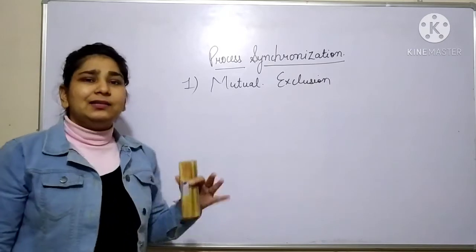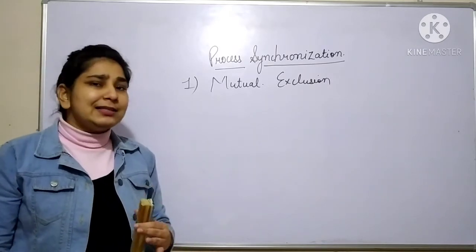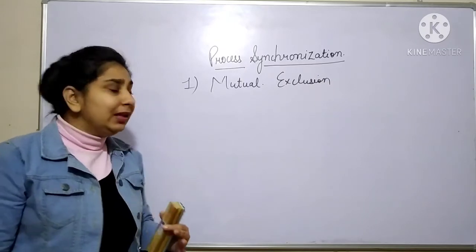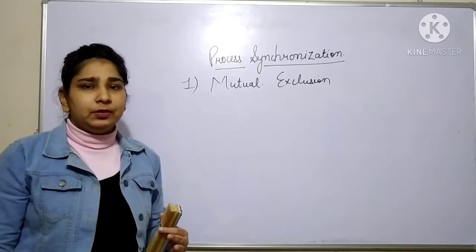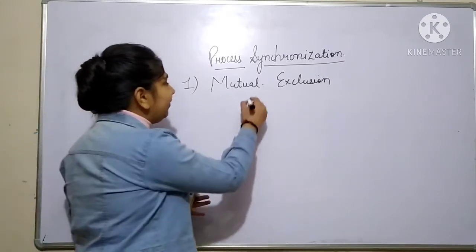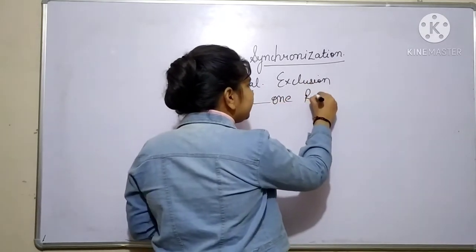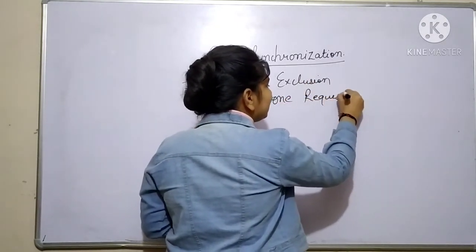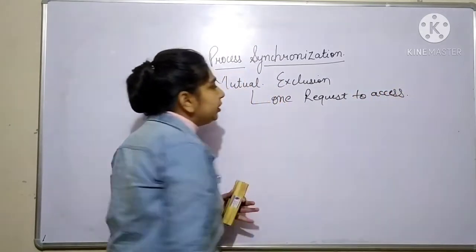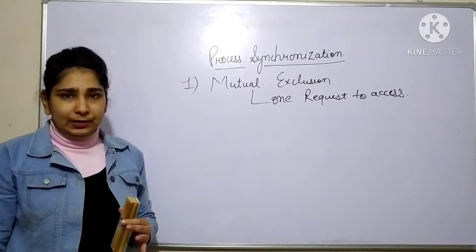If any other user request tries to enter into the critical section or access the shared variable, only one user request is going to access your variable.